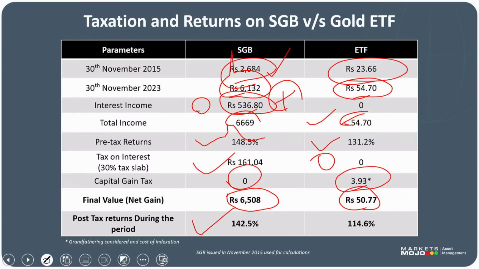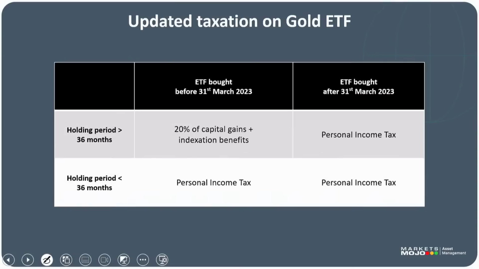Now, there is a catch. The catch is that the Government of India changed the capital gain tax on the ETF. It has divided ETF into two parts: the one you bought before 31st March 2023 and the one you bought after 31st March 2023.